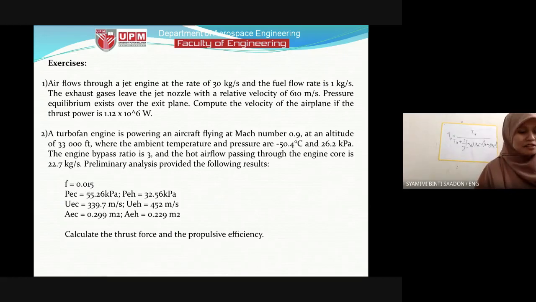Propulsive efficiency, yes. So for turbojet, just until this part, okay?